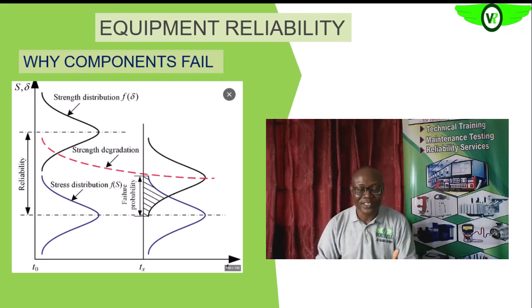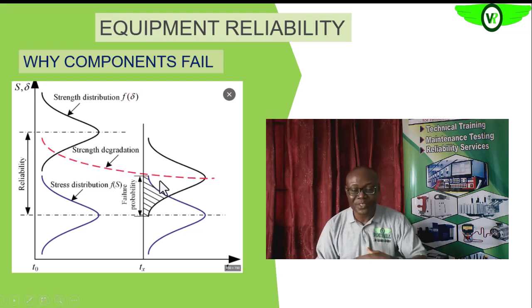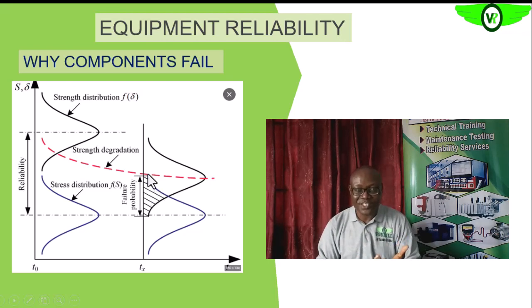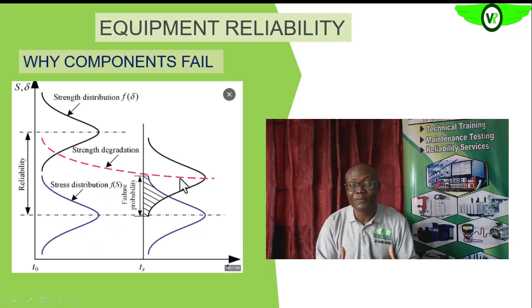Because of such events, the strength will start degrading, as you can see on the screen. It will degrade to the extent that the stressor will at times go beyond the strength of the component.